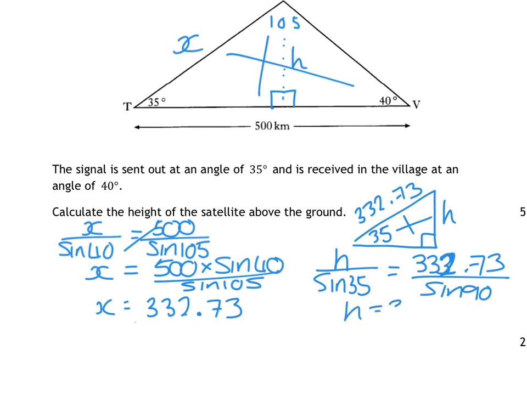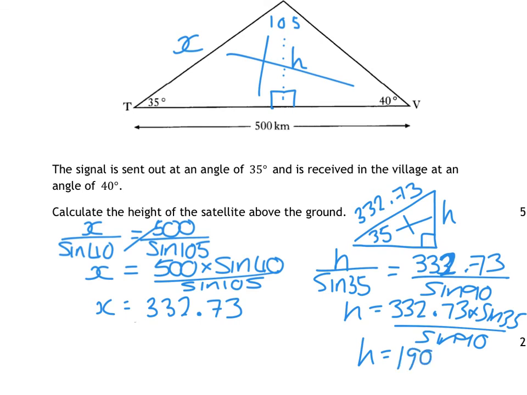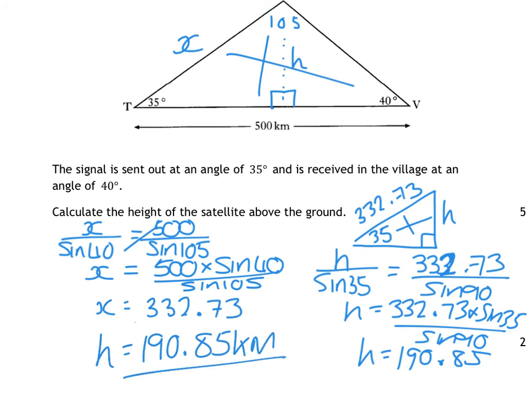So h is your answer from the first part times sine 35 all over sine 90, which gives you an answer of, now I've used the exact answer that was still left on my calculator, and it gave me 190.85. Now they've not mentioned rounding, so the height of the satellite is 190.85 kilometres. You can one decimal place if you prefer.